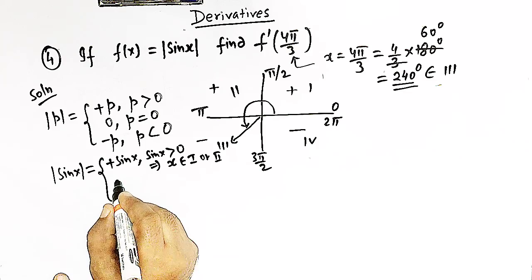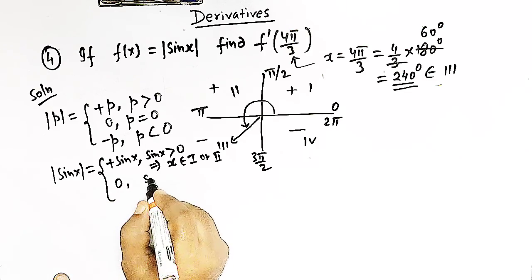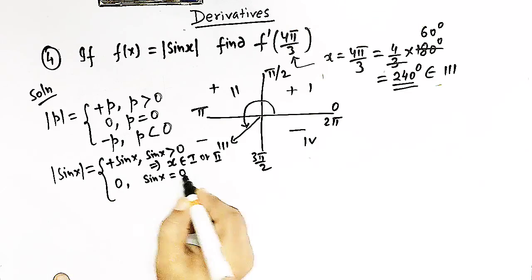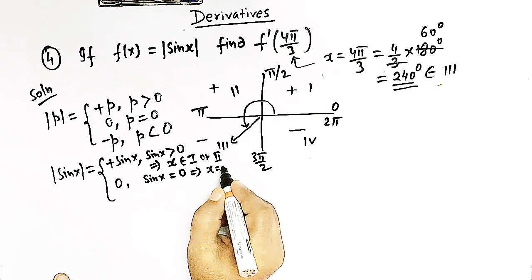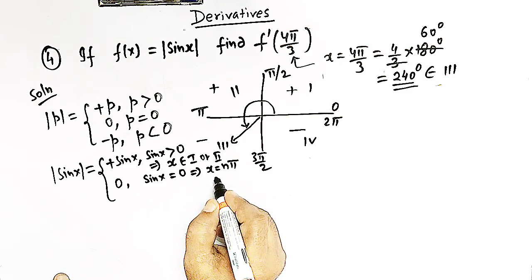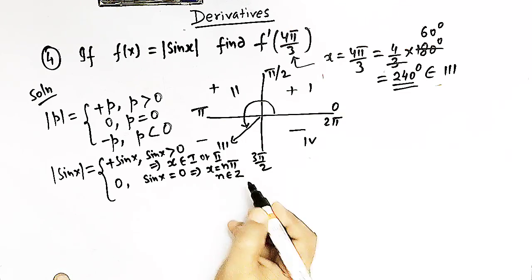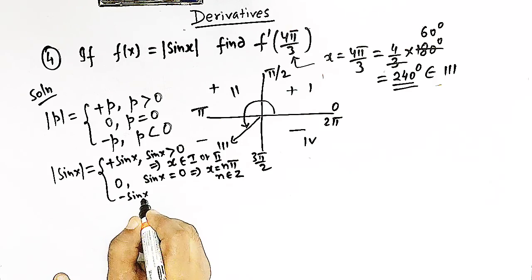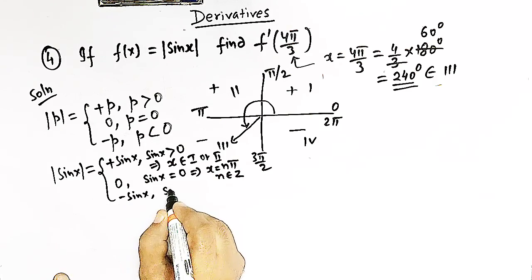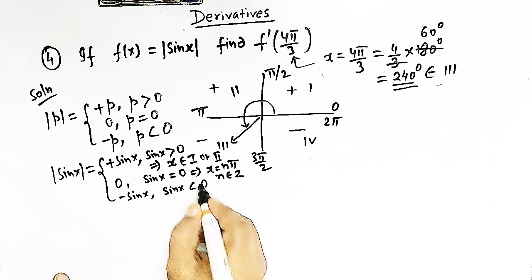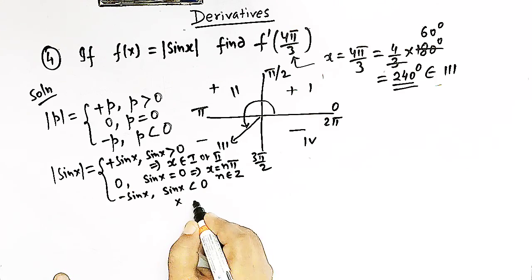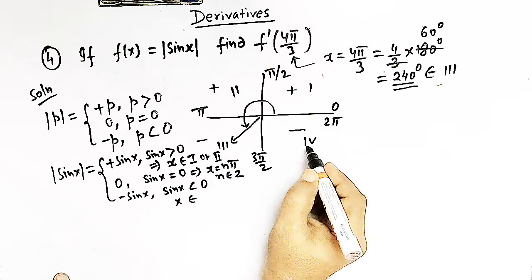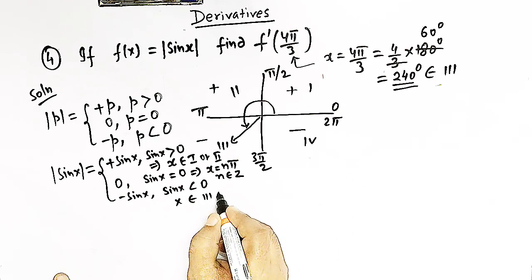And mod of sine x is equal to 0 when sine x is equal to 0, that is when x is equal to n pi, where n belongs to the set of integers. And mod of sine x is negative sine x whenever sine x is less than 0, that is when x belongs to the third and the fourth quadrant, right?